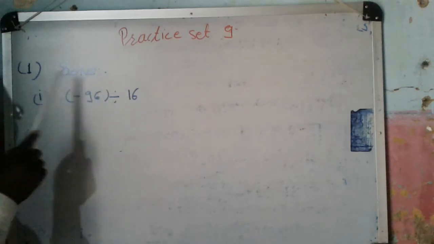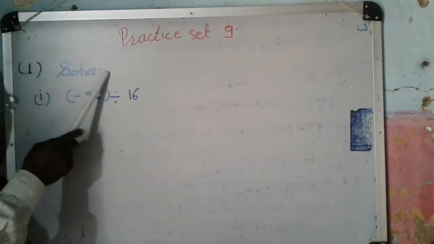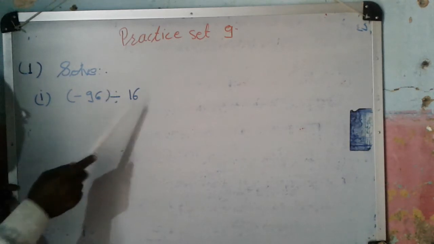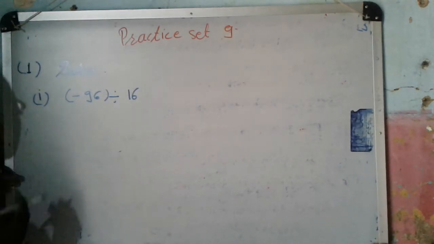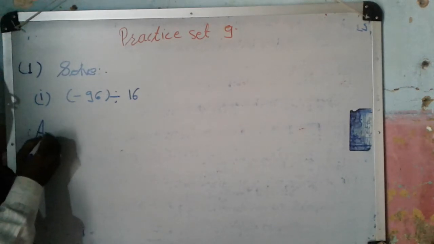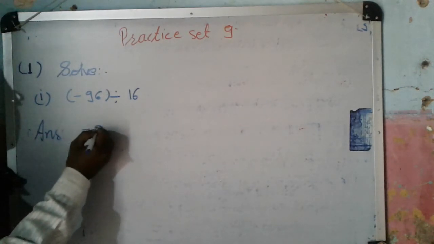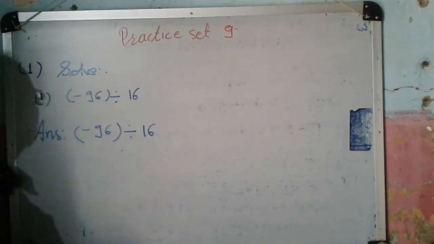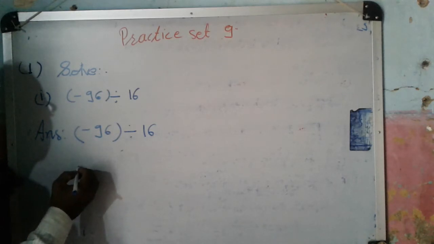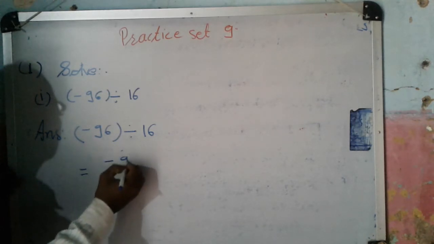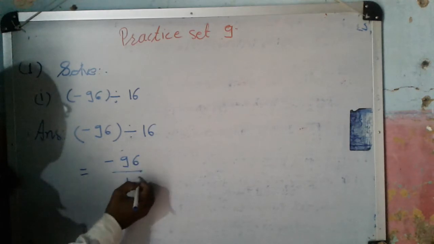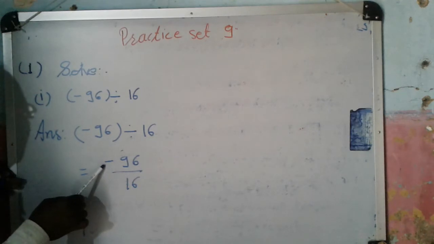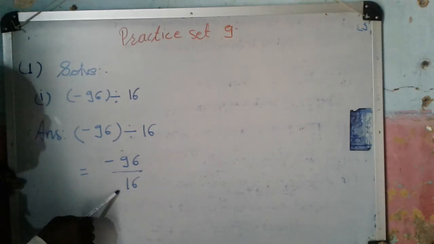Now practice set 9, question number 1, solve. First example, minus 96 divided by 60. So given example is minus 96 divided by 60. Now see here, one integer is negative and one integer is positive.